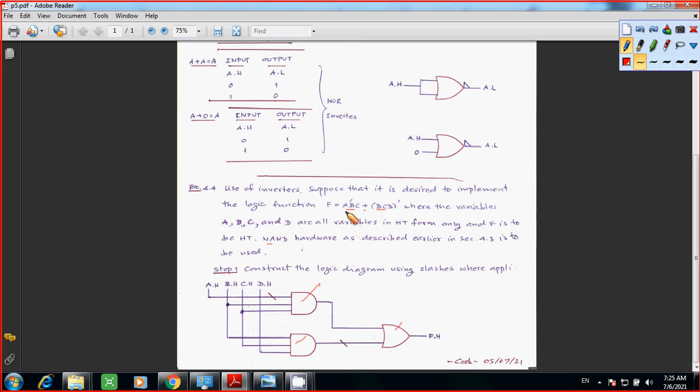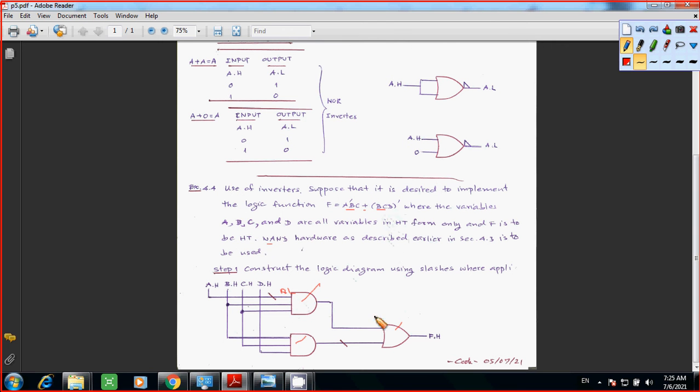Next, since you need a prime, so you put the slash here. This means you are a high true. For this one, it's going to be what? A low true, right? That's how the slash work. B and C is still the same, so this is your three input NAND gate.